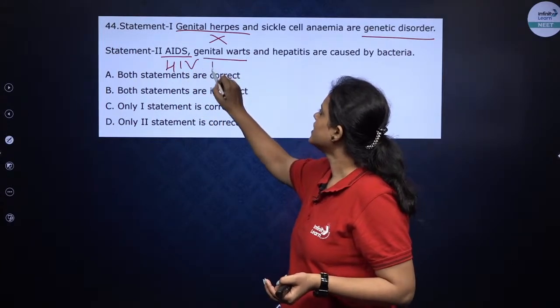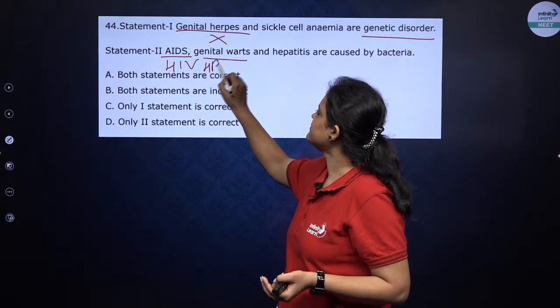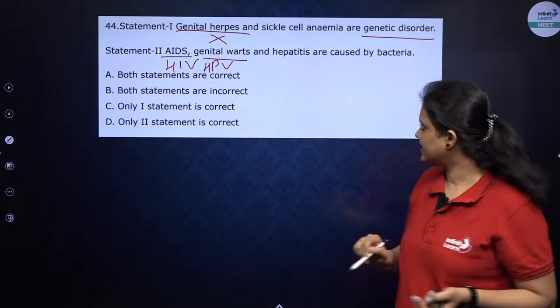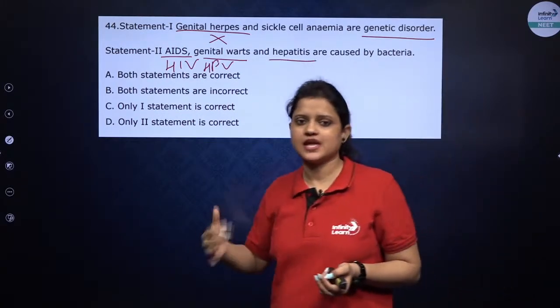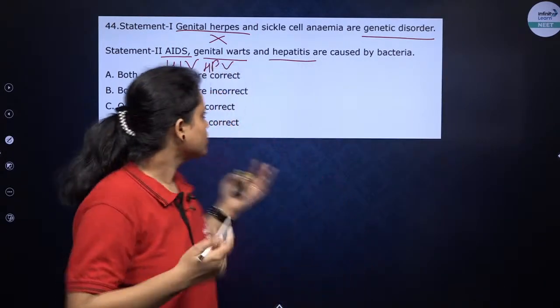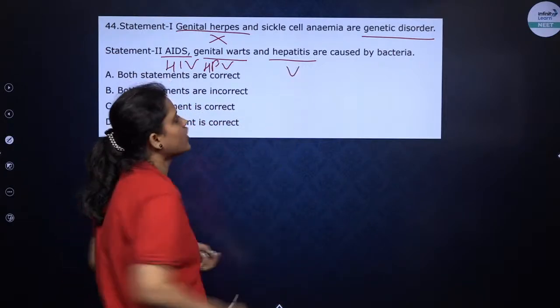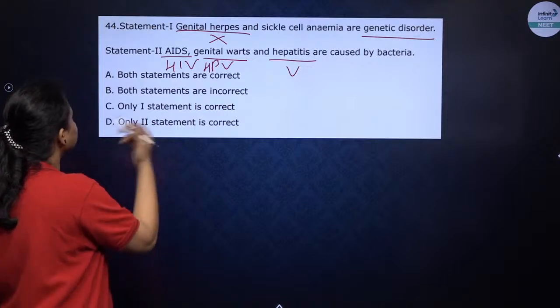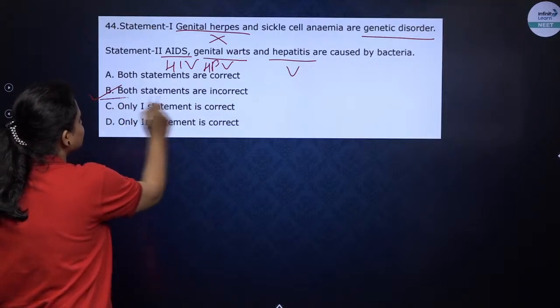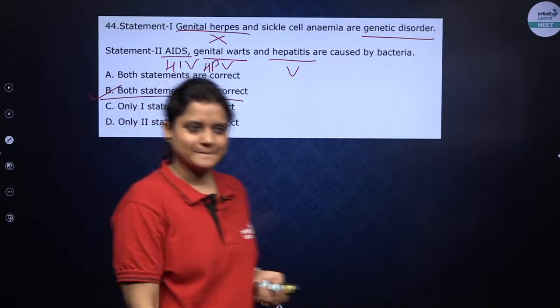Genital warts are caused by HPV, that is human papilloma virus, and hepatitis is caused by hepatitis A, B, C virus, right? So all these are viral diseases and not bacterial. So this is also false, this is also false. Both the statements are incorrect. Correct option will be B.